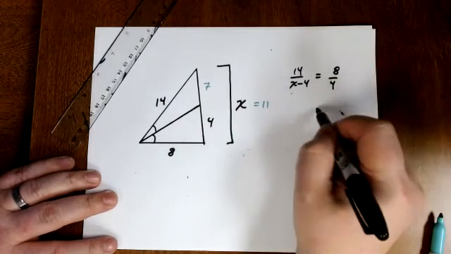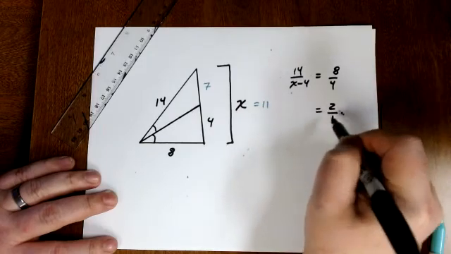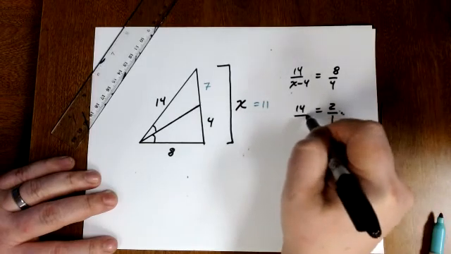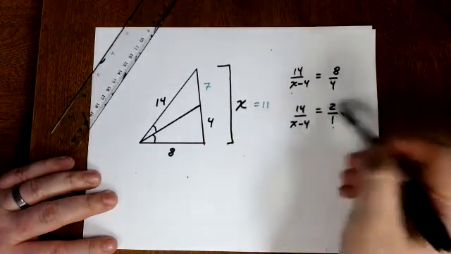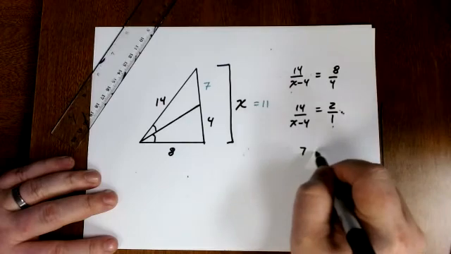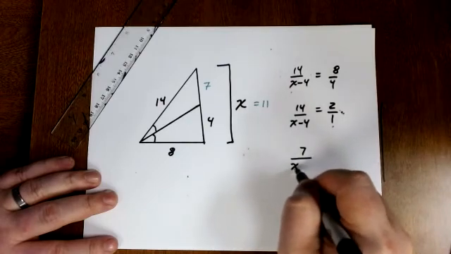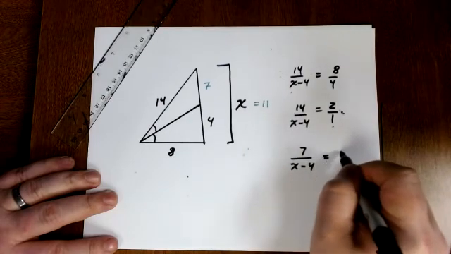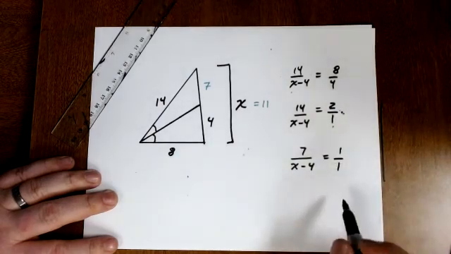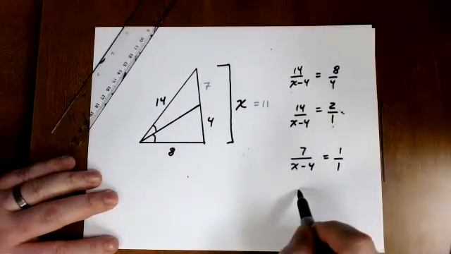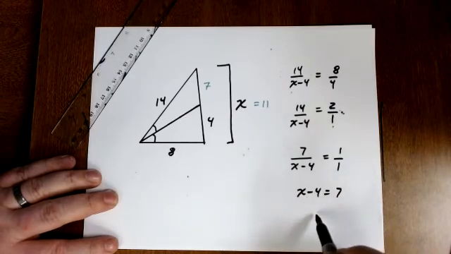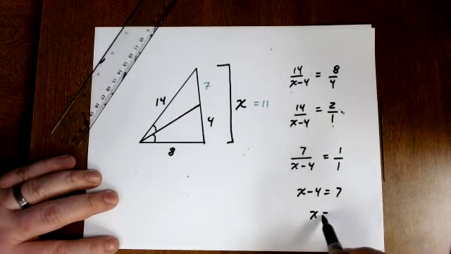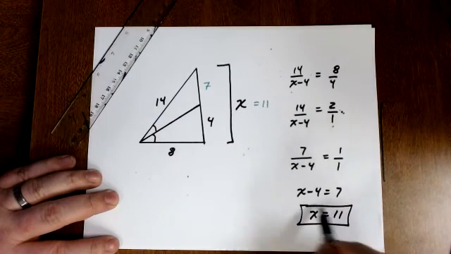And now when we reduce that fraction, and reduce it sideways, and now when you cross multiply and add on to the other side, you get the same thing.